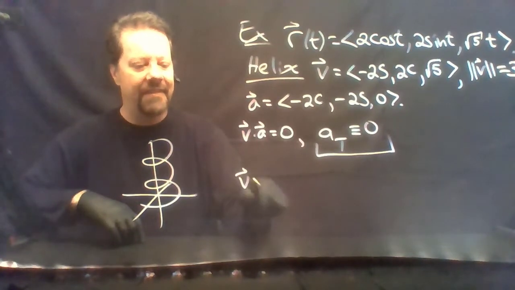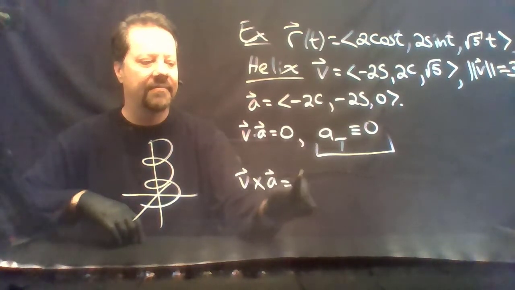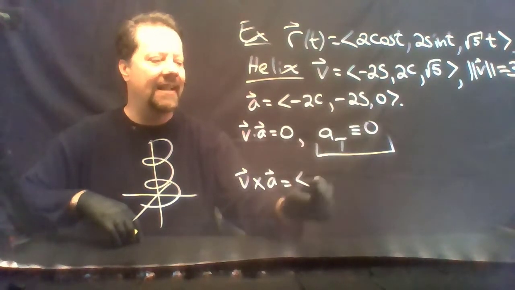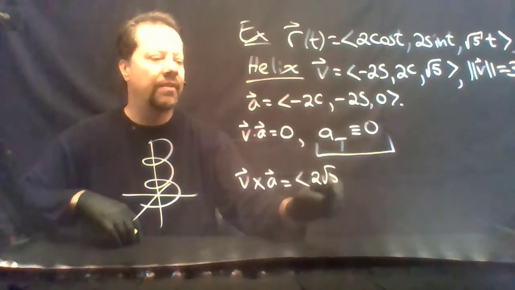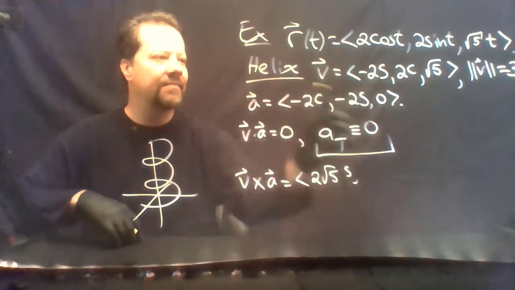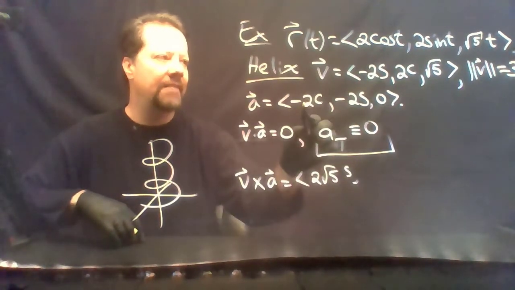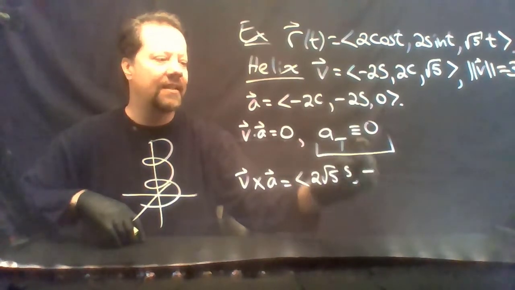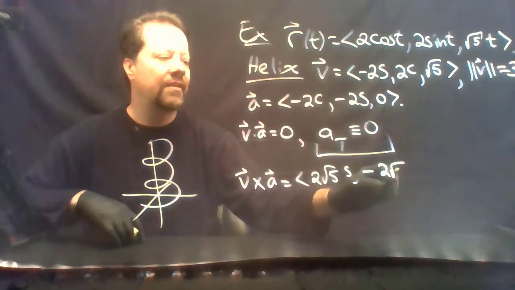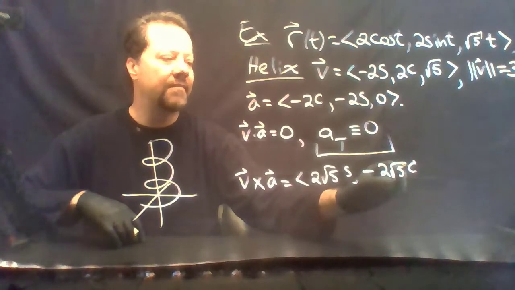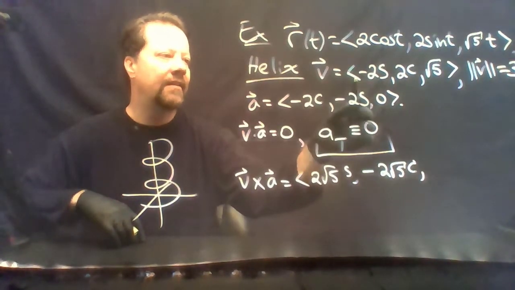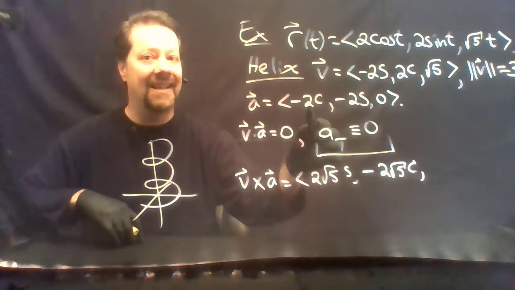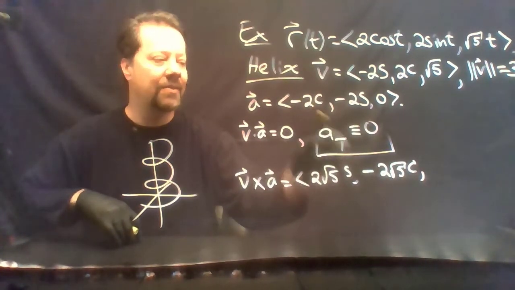Let's calculate v cross a. Let's see, we'll have 0 and then minus a negative 2 root 5 sine. 0 and a minus a negative is positive, but you have to switch the sign on the middle cofactor to root 5 cosine. And then a positive 4 sine squared and a minus a negative, that's still positive 4 cosine squared.